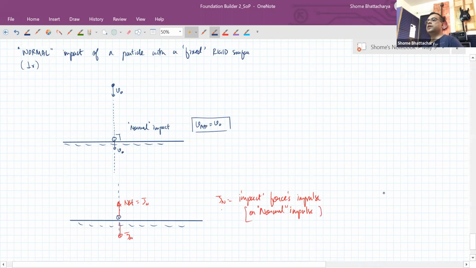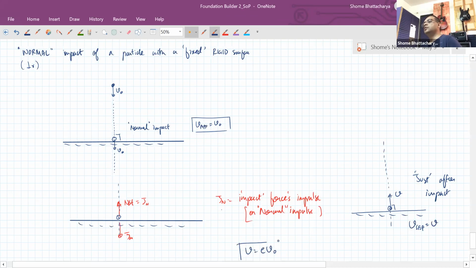So as a result of that, the particle's momentum immediately after collision will become like this, let's say. So it will remain perpendicular. So this is just after the impact. And in this case, you can see that the separation velocity is equal to V. So V should become equal to E times V naught, where E is the coefficient of restitution.